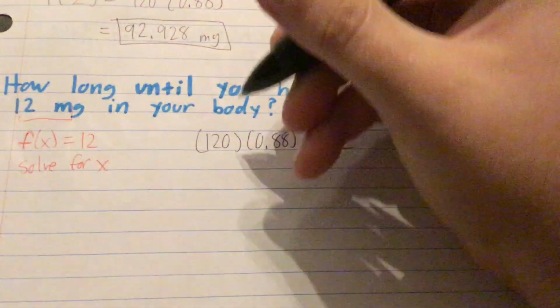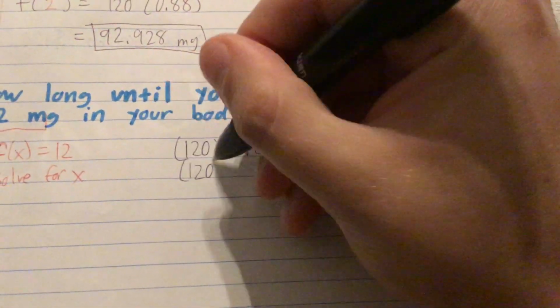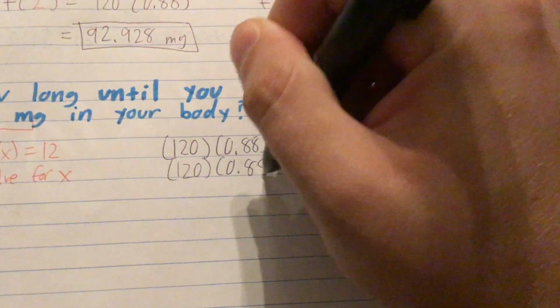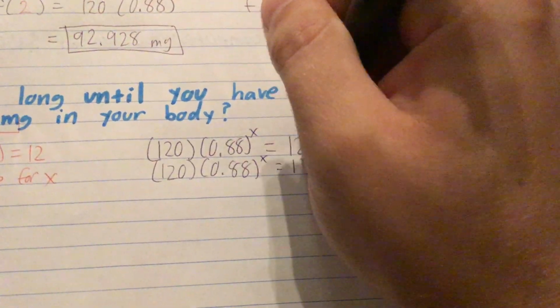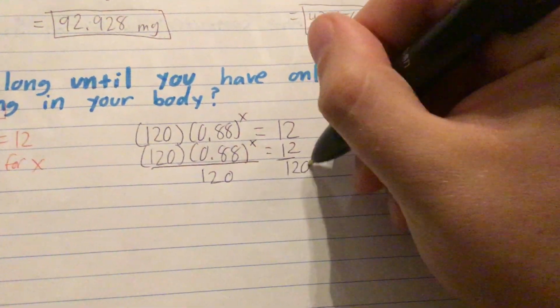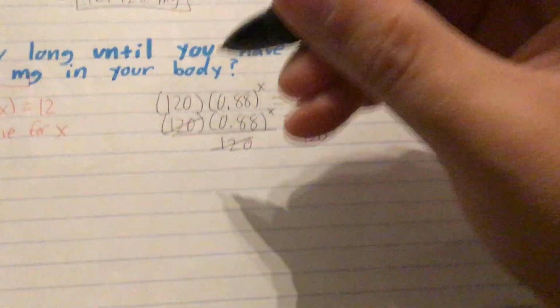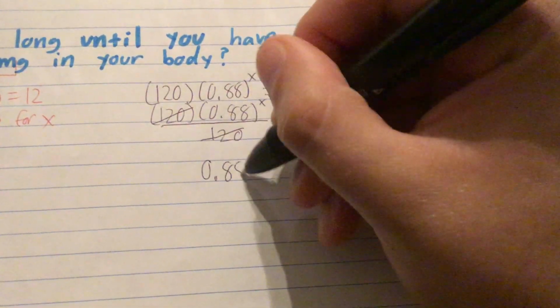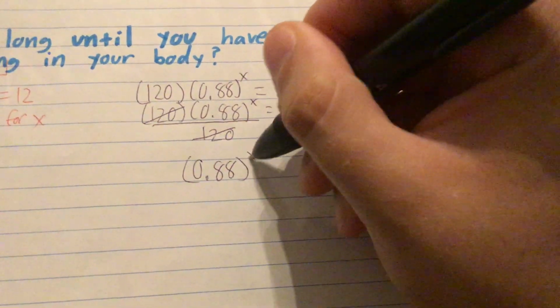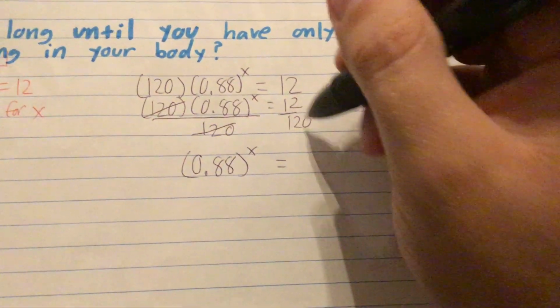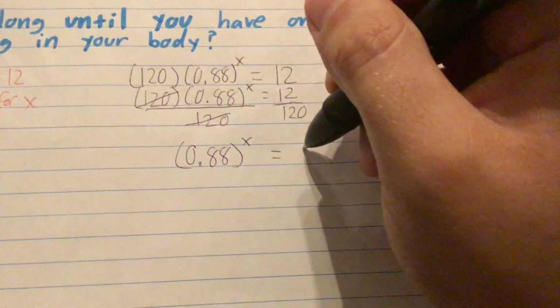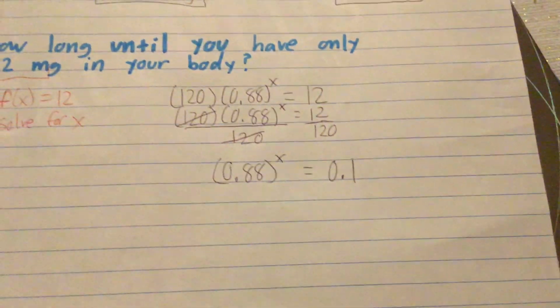Now, let's solve for x. I'm going to divide both sides of the equation by 120. So that cancels out, leaving me with 0.88 to the x power is equal to 12 divided by 120. That is 1/10, or I prefer 0.1.